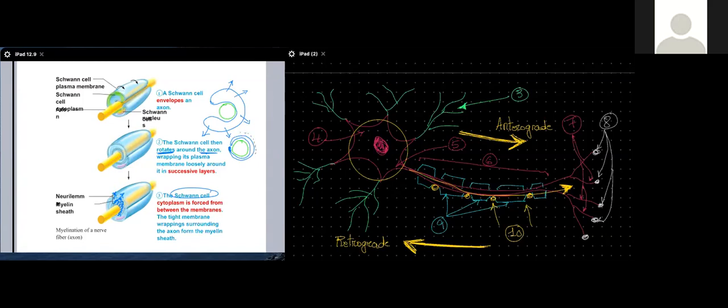And all this fluid that got squeezed outside of the cell, this is what we're going to call the neurilemma. All right, so again, the myelin sheath is simply the plasma membranes of my Schwann cells.